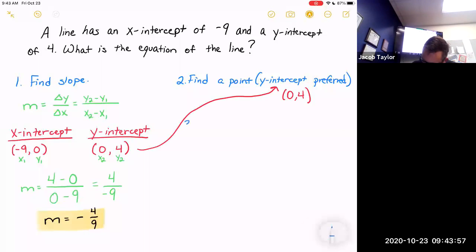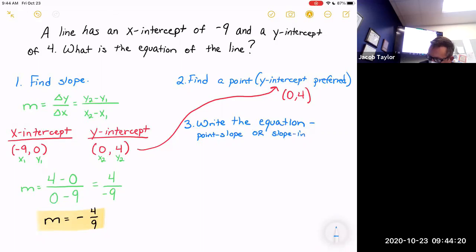That can be step 3: write the equation. I'm going to write it in either point-slope or slope-intercept form. I use slope-intercept form if I have the y-intercept, and I do, so I can use slope-intercept.